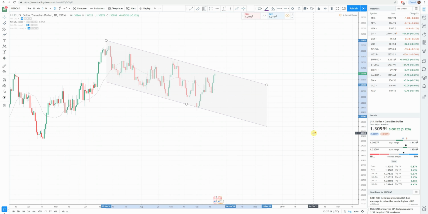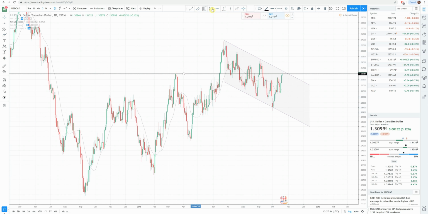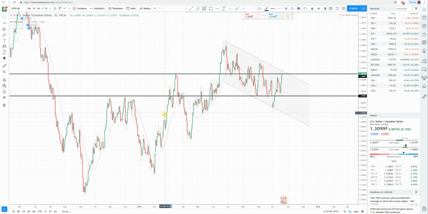Our major support levels around this point, we are up actually at this resistance level, I mean. And then we have another one here, touched multiple times.